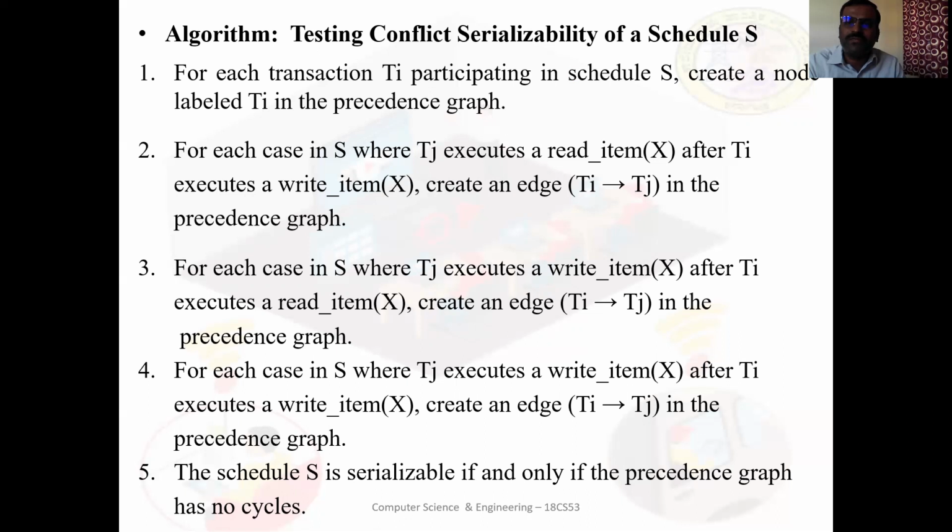Create an edge from transaction Ti to transaction Tj in the precedence graph. This is one case.